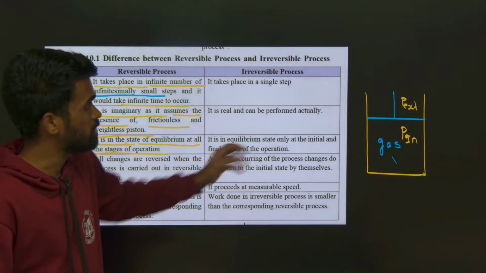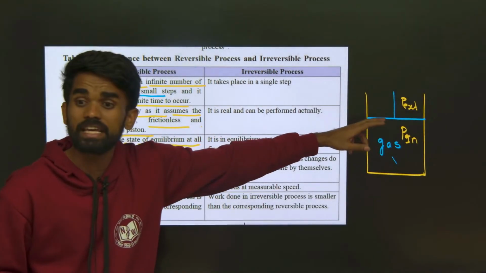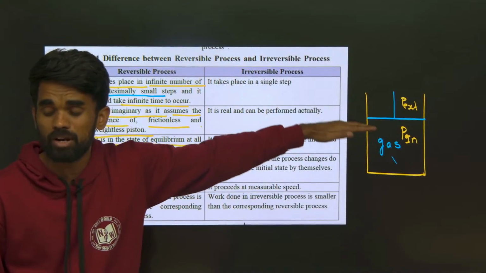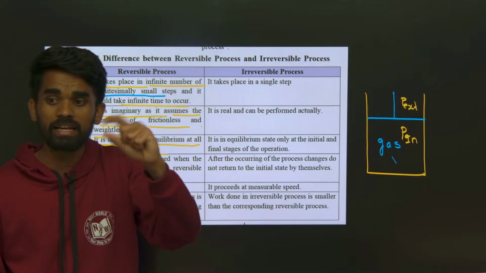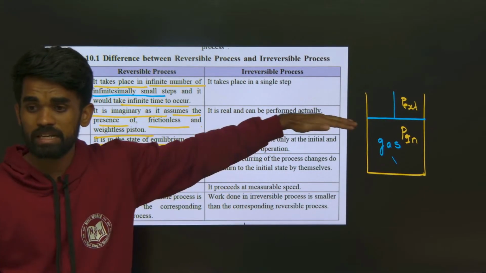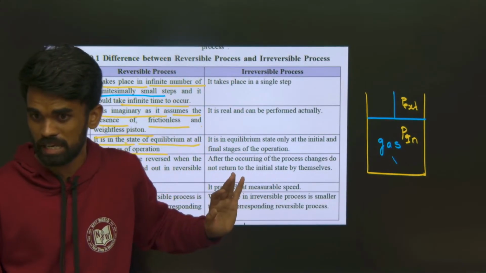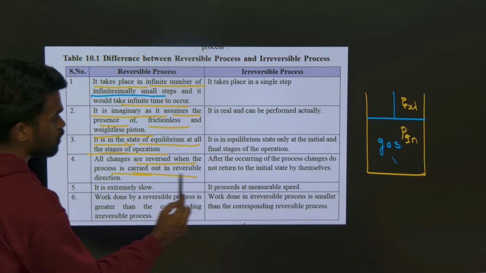I am saying this process is at equilibrium at all the stages. Why am I saying equilibrium? Because the internal and external pressures are almost the same, so that's why it is almost at equilibrium in all the cases. Okay, now all the changes are reversed when the process is carried out in the reverse direction.